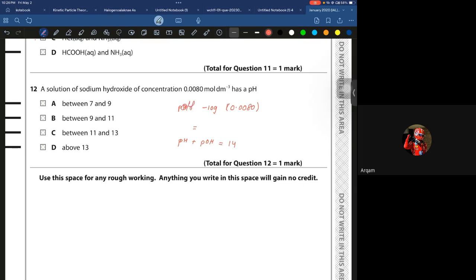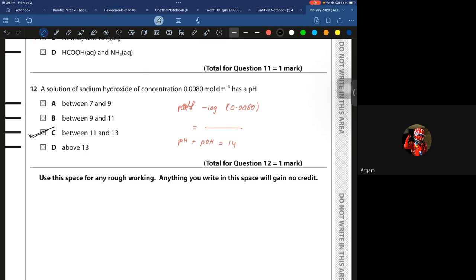After getting the pOH, I would subtract it from 14, and then I would get my final pH. So you are saying it should be C. Of course, you would get an answer between 11 and 13.